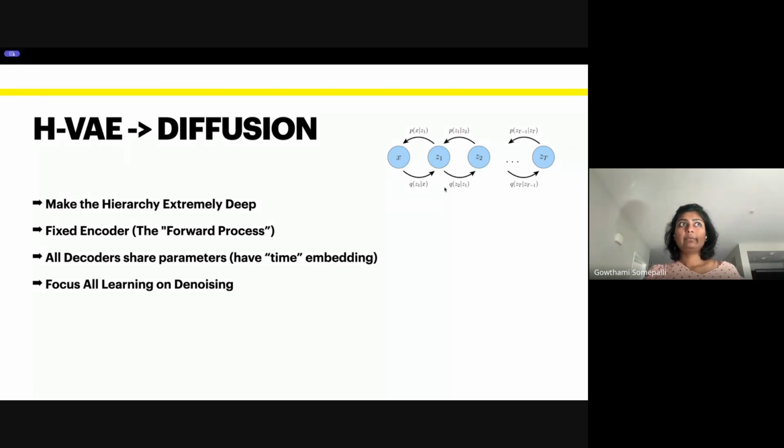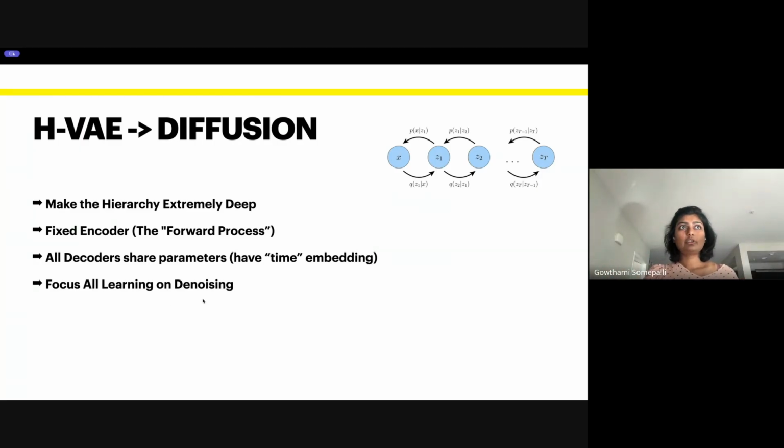The next step is, let's make all the decoders share the parameters. What if, instead of learning different neural networks to perform each of these tasks, we make all decoders share the neural net and its parameters? However, we can give the distinction with a time embedding, or depth embedding or something like that.